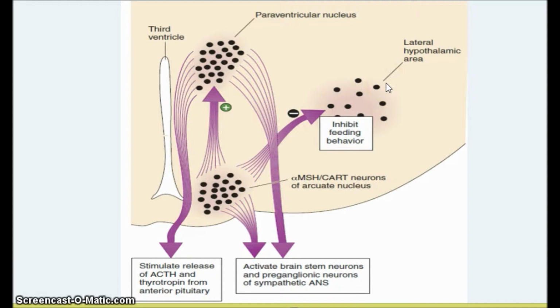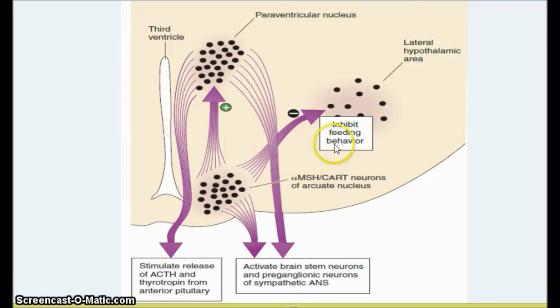So the lateral hypothalamic area never releases its orexins into the cerebral cortex, so you don't feel hungry. And it'll also stimulate the paraventricular nucleus of the hypothalamus, and the paraventricular nucleus of the hypothalamus will then activate your sympathetic nervous system, and it'll also release adrenocorticotropin, which can stimulate the stress response.